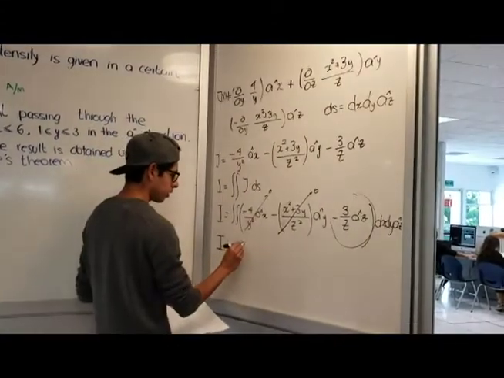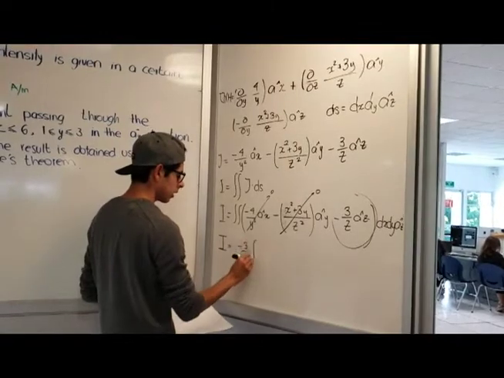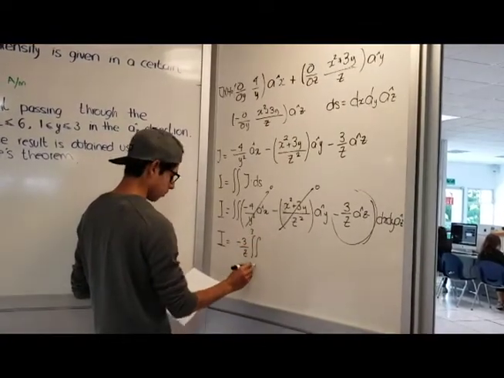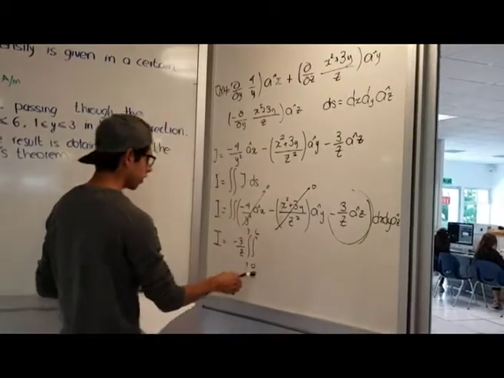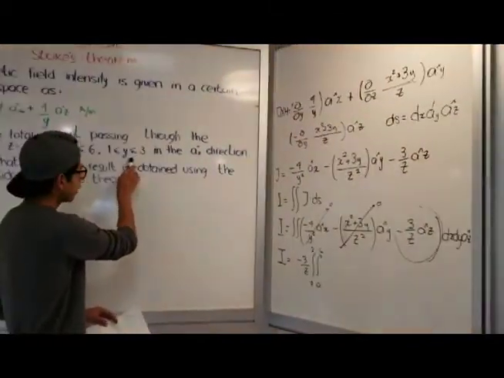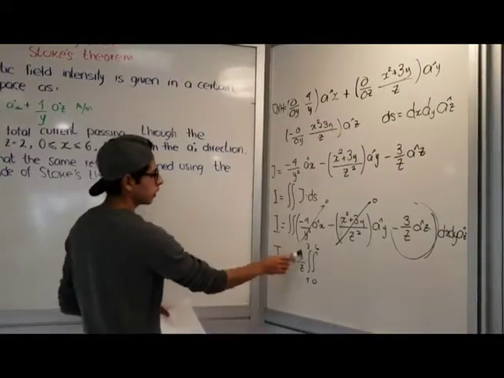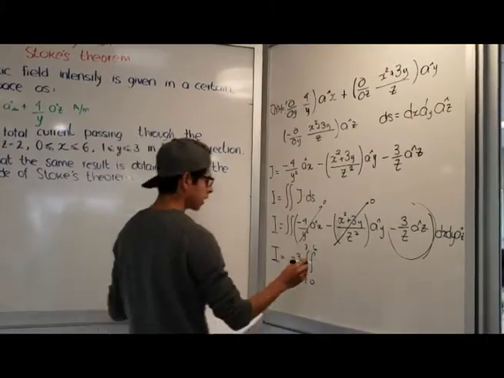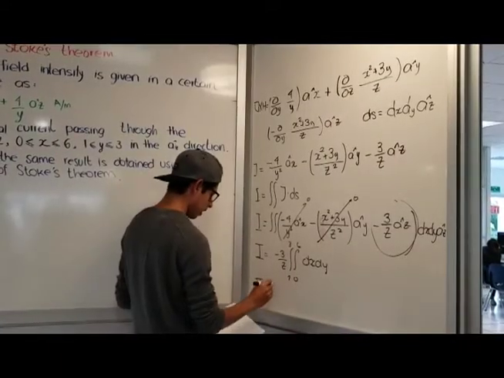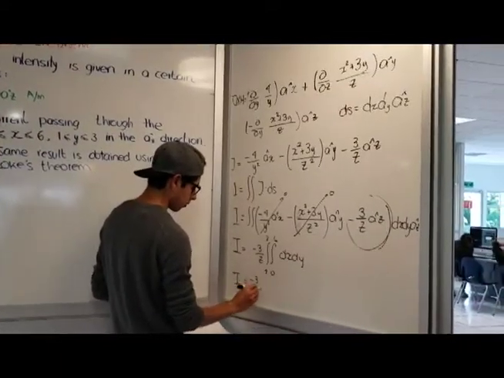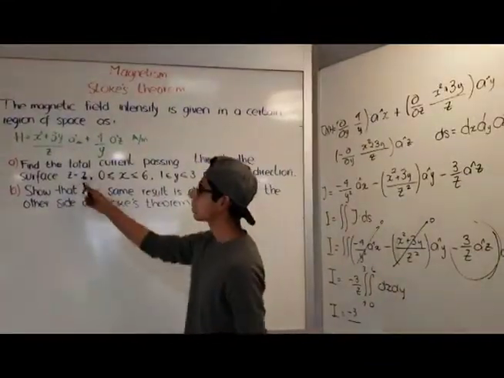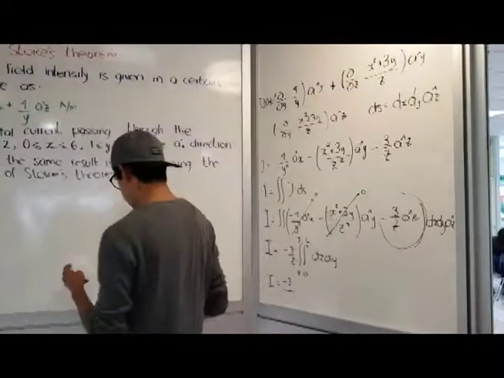So minus 3 over z double integral from 1 to 3 and from 0 to 6. These limits are the ones given here. First, from 1 to 3 and from 0 to 6, dx dy. And then we substitute z with the 2 that they give us.